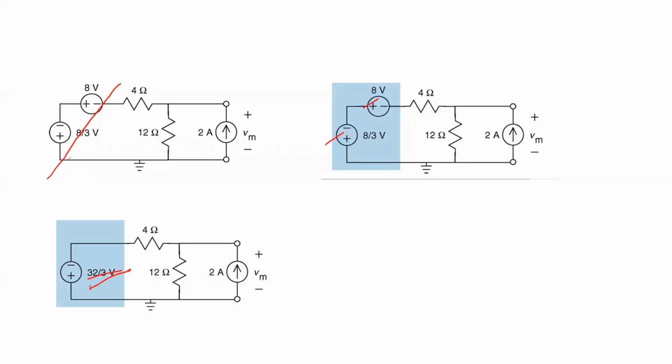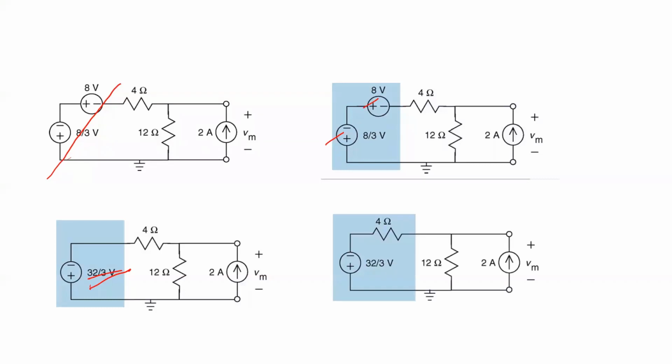All right. So further, this network can be reduced by converting this voltage source in series with the resistance into a current source in parallel with the resistance. After the conversion, the current direction will be like this.